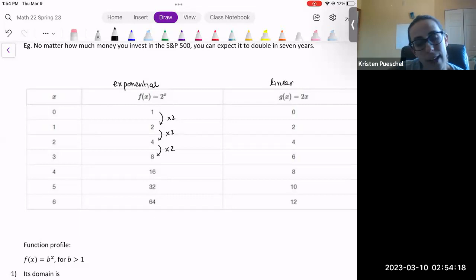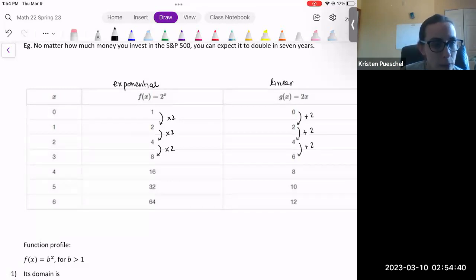In contrast, if we look at a linear function, each time our x increases by 1, we are adding 2. So each time our x goes up by 1, we have doubled the value of our function in the exponential case. And so we will say that the doubling time here is equal to 1.